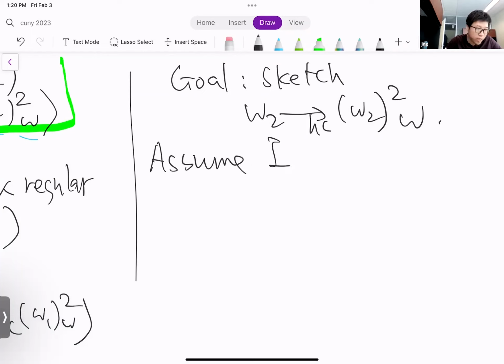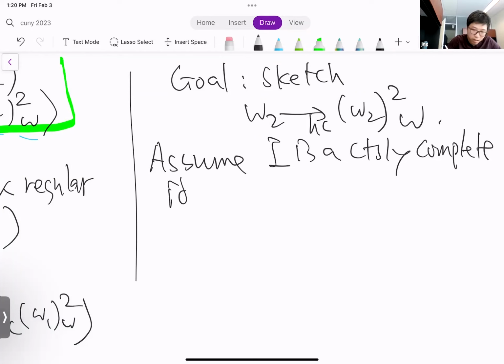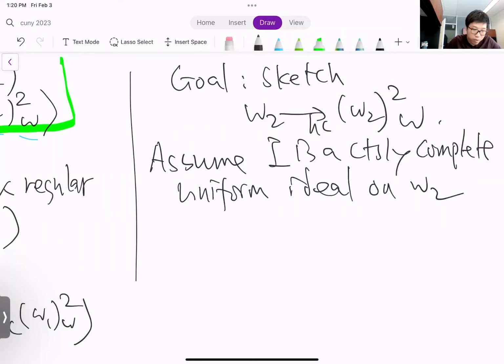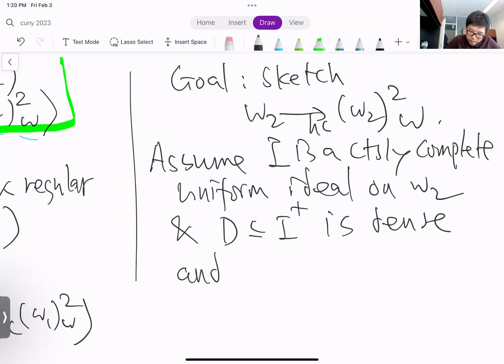Assume I is a complete, also uniform, ideal on omega 2, and D is a collection of positive subsets, is dense, and countably closed.